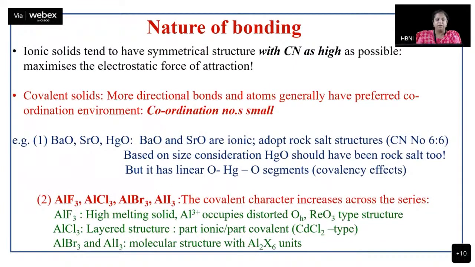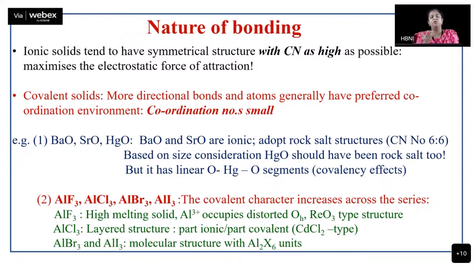Okay, now let's talk about the nature of the bonding. We talked about ionic and covalent. See, the rule is simple: ionic solids, suppose I'm talking of a cation, will try to have as many anions around it as possible. Why? Because it increases the electrostatic force of attraction.